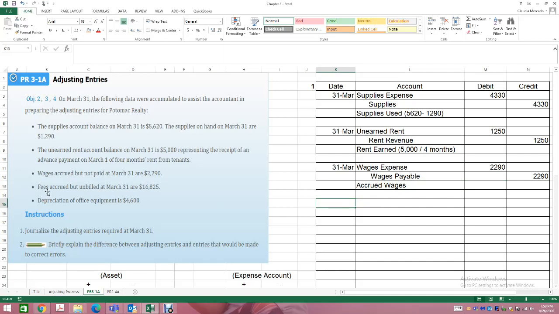The next one, number 4, says fees accrued but unbilled at March 31st are $16,825. So fees accrued but unbilled at March the 31st. What this means is that you went out there and performed a job, but you haven't billed your customers yet.